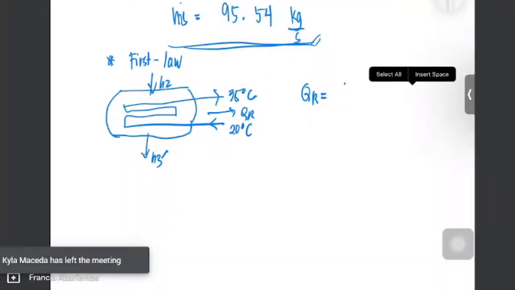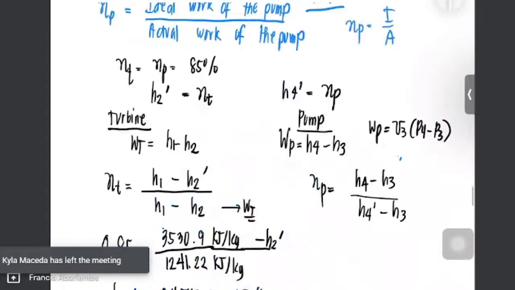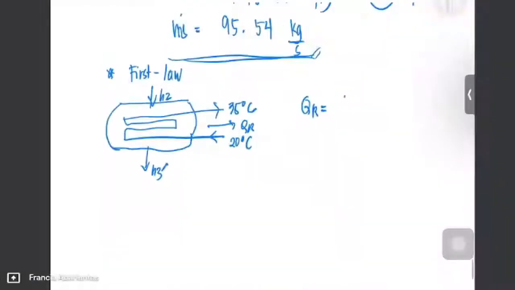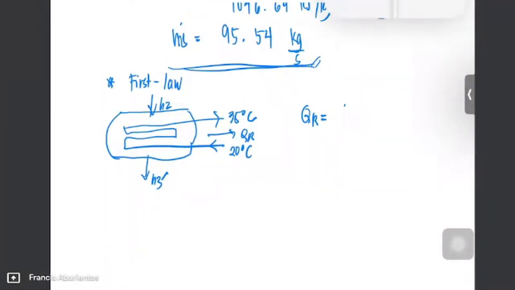H2, 2 and 3 sa condenser. 2 prime, 3. Baliktad para si ma'am. Double check nyo class. Para hindi kayo malito, we have the H2 prime, H3. Okay. So, now the mass of steam. Nilagyan ko lang to kasi magiging kilojoule na yan. Ngayon, we have the H2 prime minus the H3.